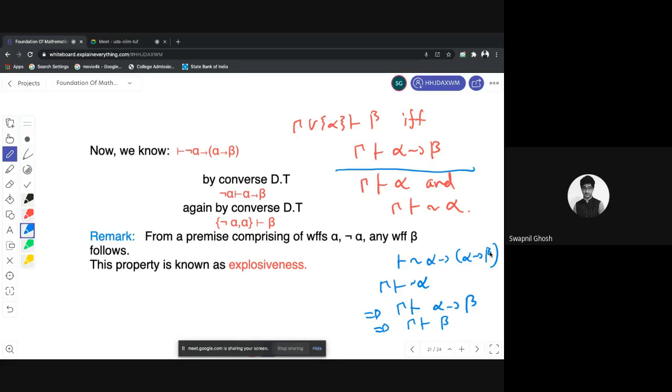So what it basically means is that a set of formulas tau is said to be inconsistent if it proves alpha and also its negation. For example, let's take group theory. If the axioms of group theory, like associativity, existence of inverse and identity, were inconsistent, then whatever statement you write in group theory will turn out to be true.